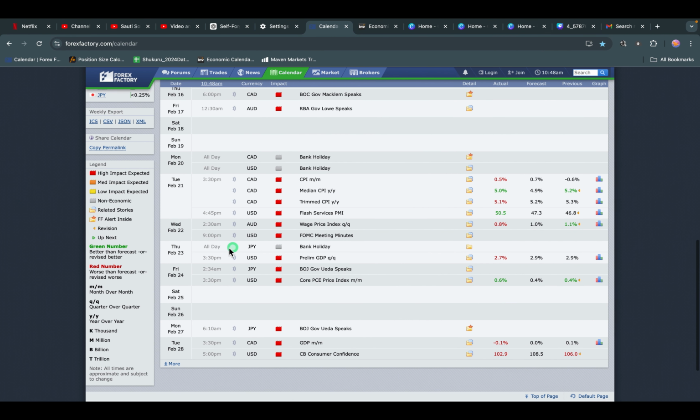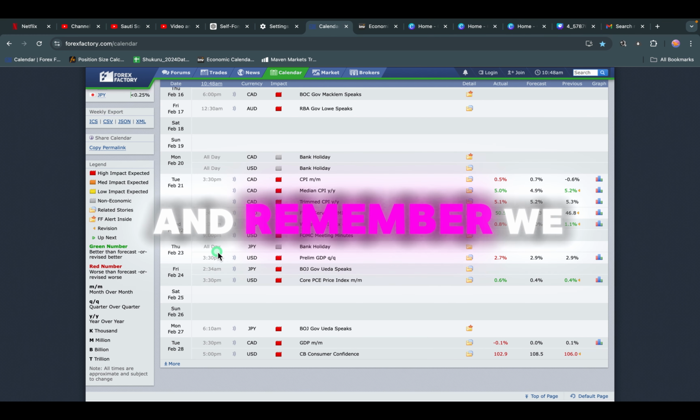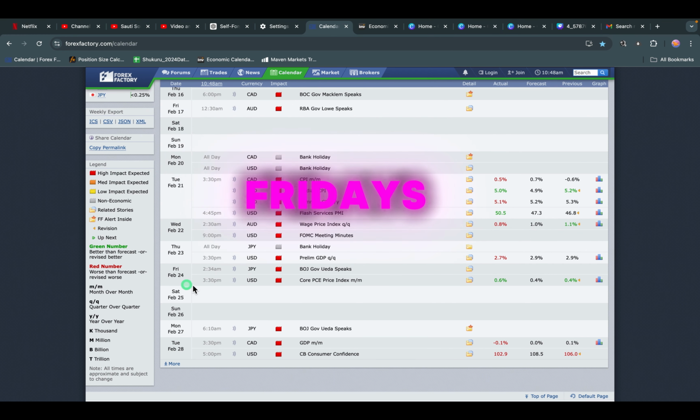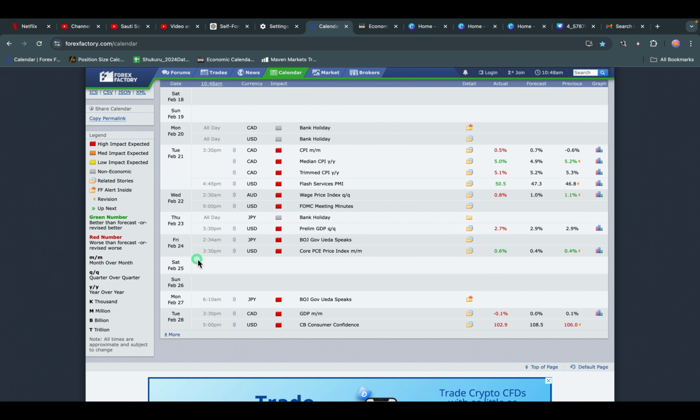If you go here, you can see that on the 22nd Feb we have a bank holiday, so it means here we will not be trading CADJPY. And remember, we do not trade on Fridays, so the only options that you have are Monday 27th and Tuesday 28th.